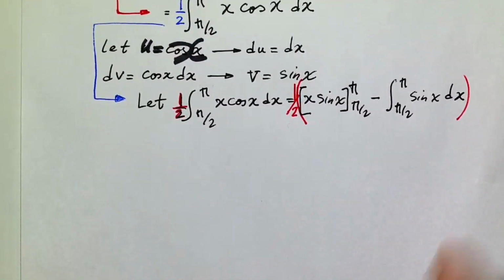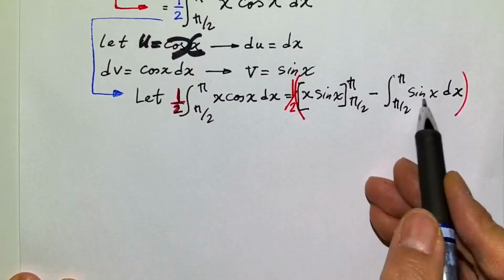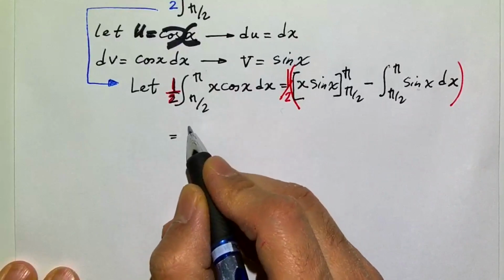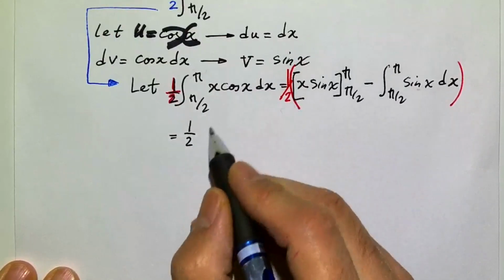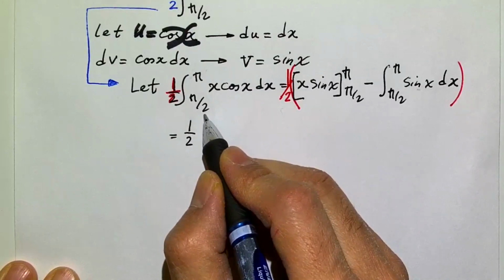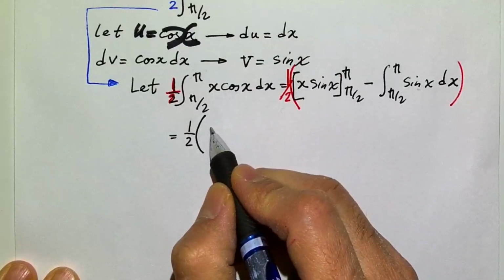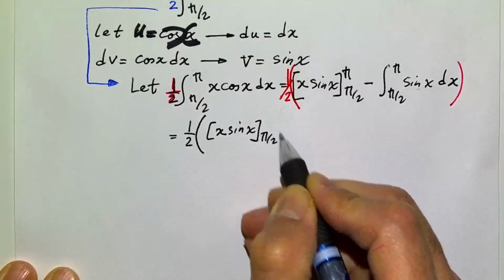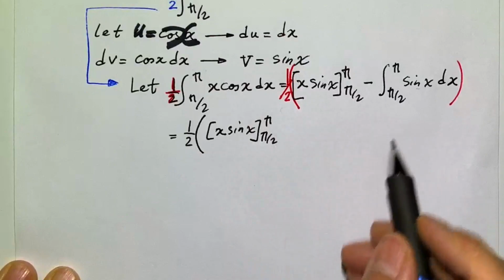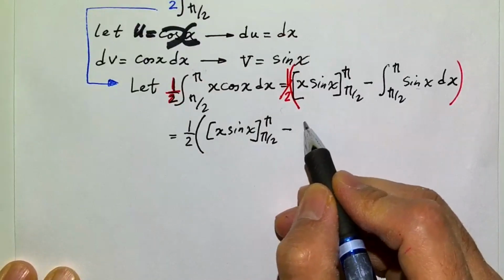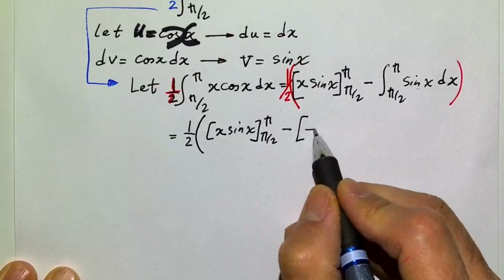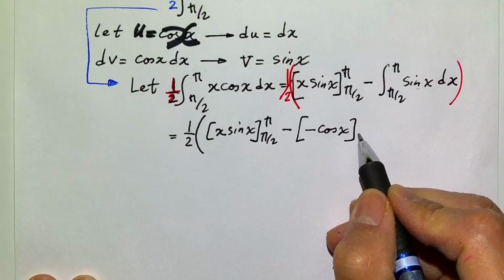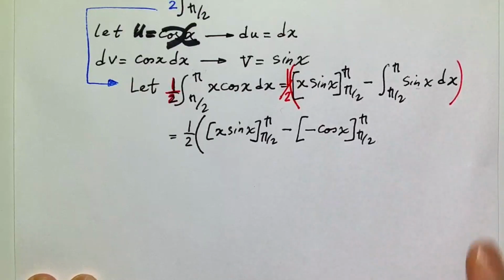All right, so let's simplify all of this and integrate this, which is pretty easy to do. So we have 1/2, that's that 1/2, times x sine of x going from pi over 2 to pi, minus, this would be minus cosine of x going from pi over 2 to pi, right?